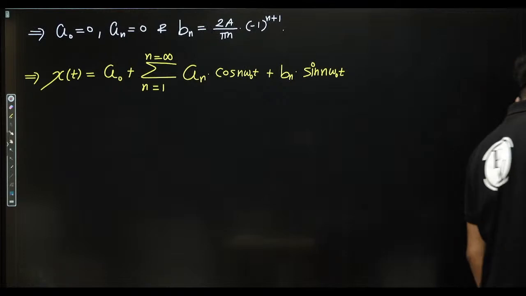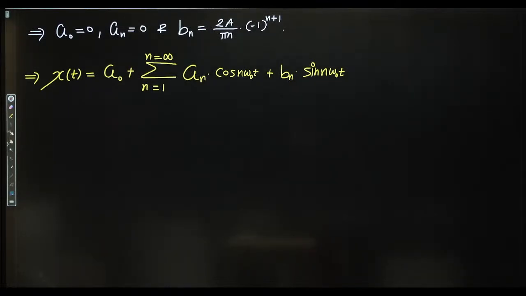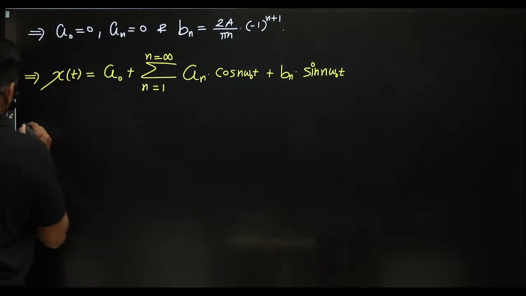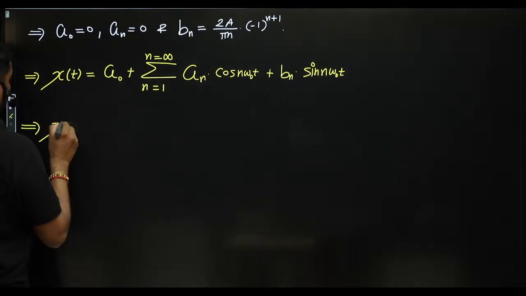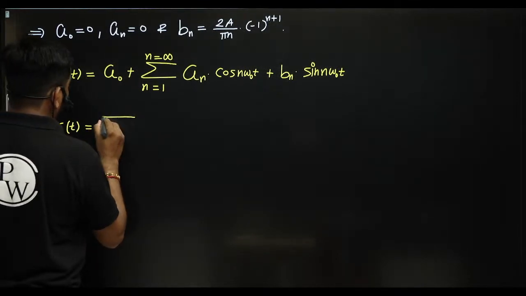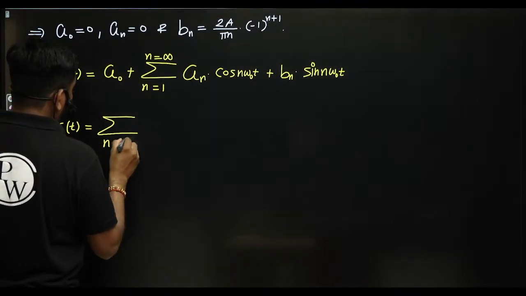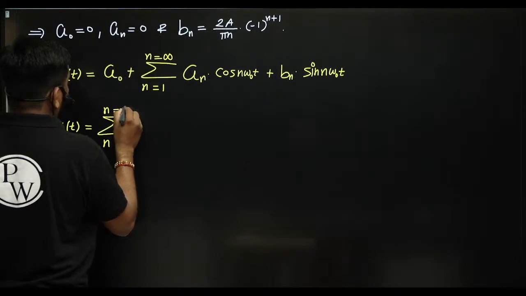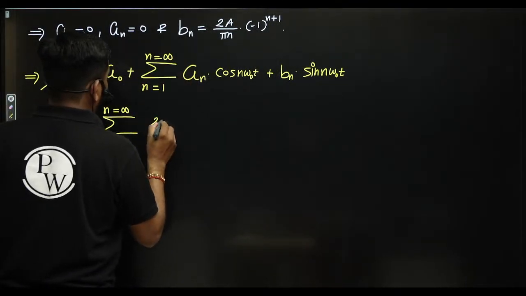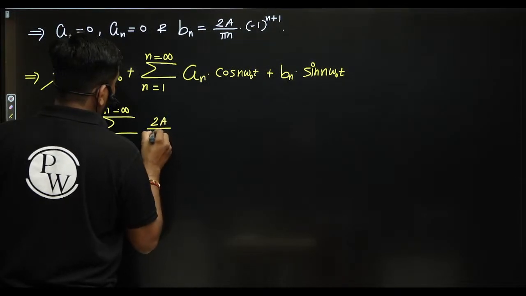Correct? So what is a0? 0. An is also 0, guys. So no cos term, only sine term. Bn value is 2a by pi n.